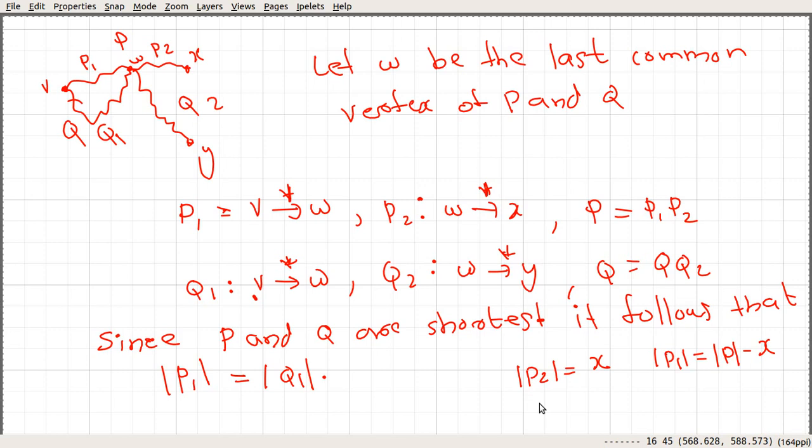Similarly, if the length of P2 is x, then the length of Q2 is also x, because P1 and Q1 have the same length, and that says the length of Q1 is the length of Q minus x, right?